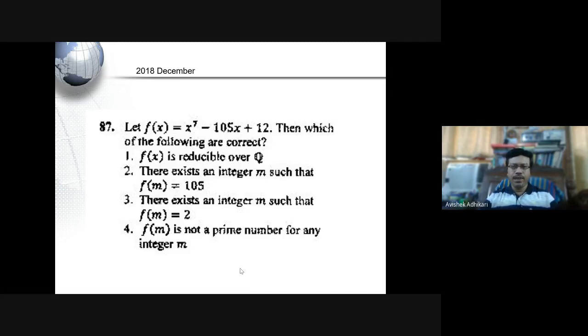And based on these results, you will be able to solve almost all the problems that appeared in NET and GATE related to this. Almost all the problems. Few extra results are needed, but that requires more things. When we solve more problems, then you will encounter those properties.